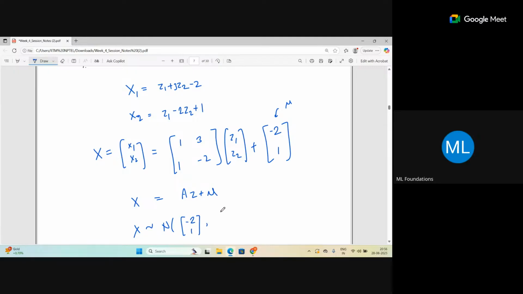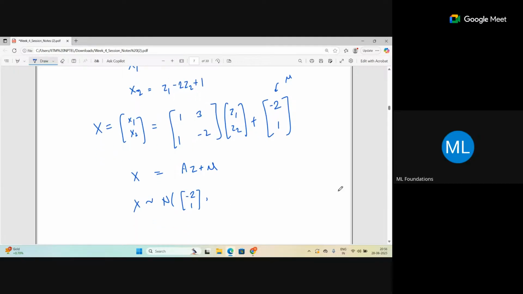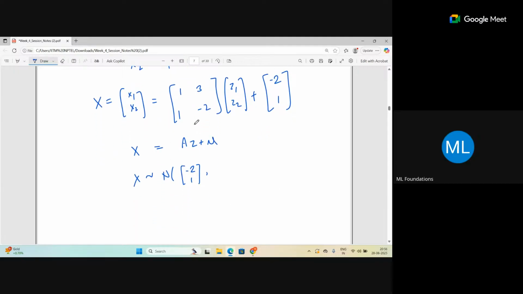And what will be the covariance here? Since this is A, the covariance matrix is A times A transpose. A is 1, 3, 1, minus 2, and A transpose is 1, 1, 3, minus 2.